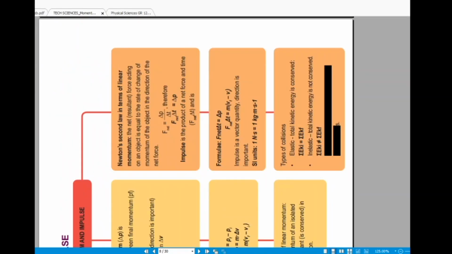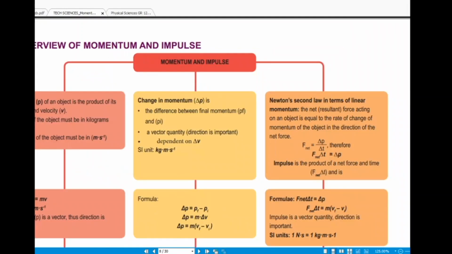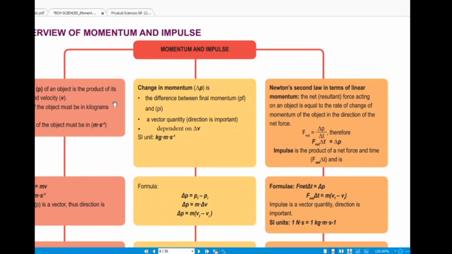just to refresh, let us go through this mind map, an overview of momentum and impulse, right? In the topic of momentum and impulse, you can use this mind map to highlight the key important points or the important terms, right?